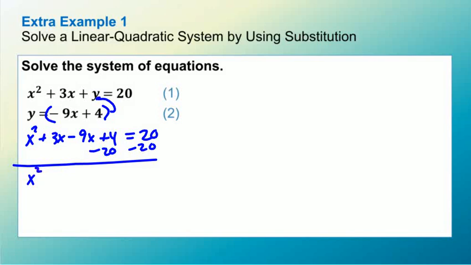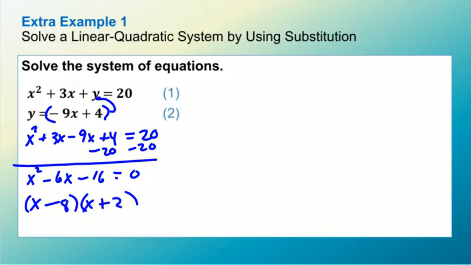And now I have x squared minus 6x minus 16 equals 0. Then I can factor this. Think, what do I multiply to get negative 16, but add together gives me negative 6? I know negative 8 plus 2 gives me negative 6, and negative 8 times 2 gives me negative 16.